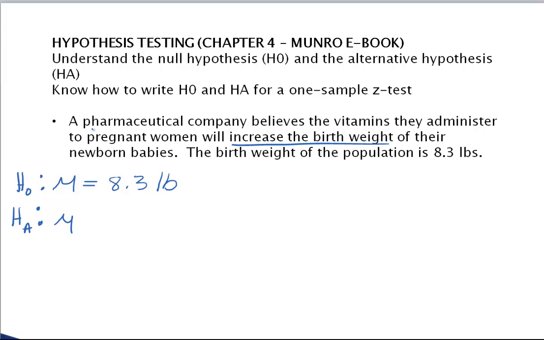So the company or the researcher, their claim is typically the alternative hypothesis. So this would mean that it increased the population mean birth weight of babies. So it would look like this, because it's an increase, it's greater than 8.3 pounds.